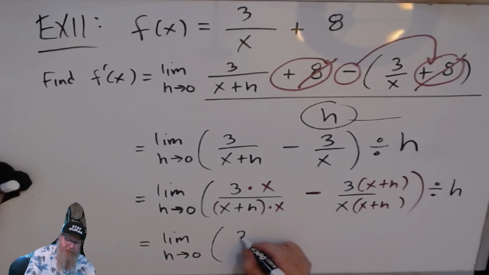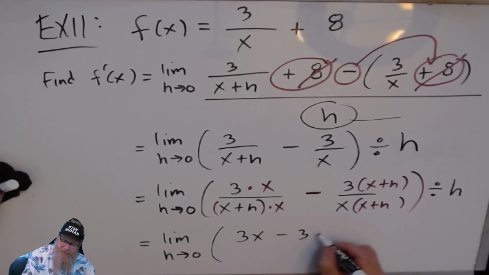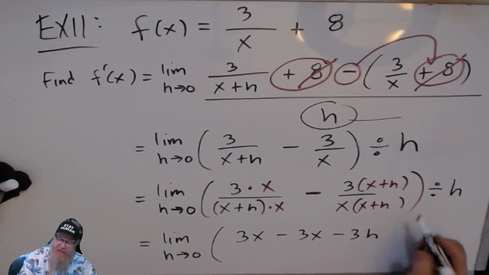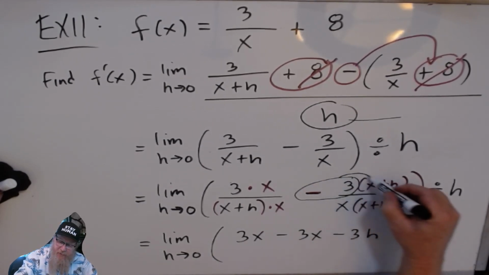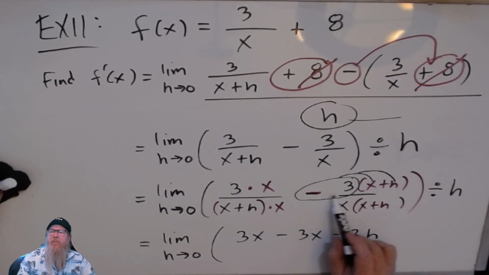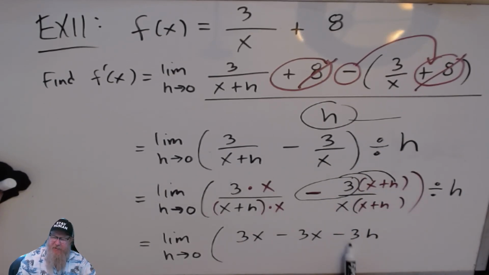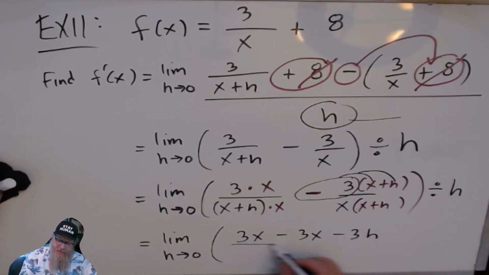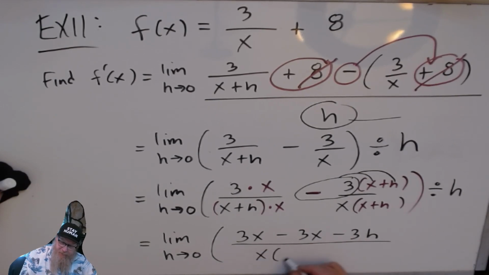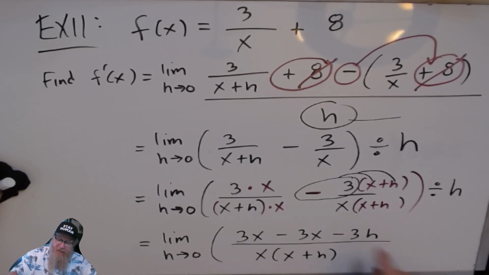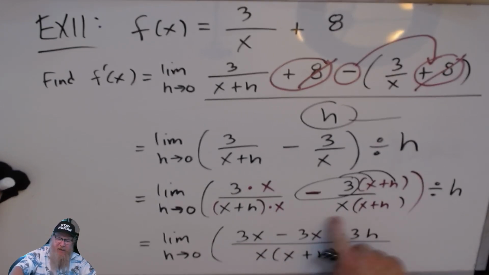So you've got 3x minus 3x minus 3h. When you distribute this negative, it changes the signs. Again, don't try to clean up the bottom. It's just x plus h times x.